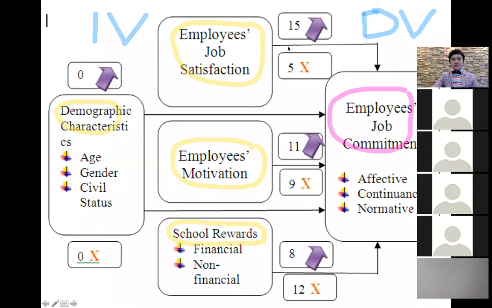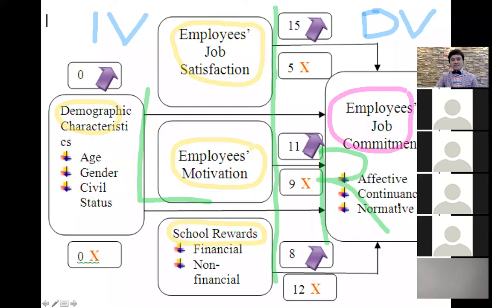So your IV, independent variables, are found on the left side of your paper, of your screen. So this is the left side and this is your right side. Huwag po kayong malilito doon, kasi later on, gagawa kayo ng independent and dependent variables.